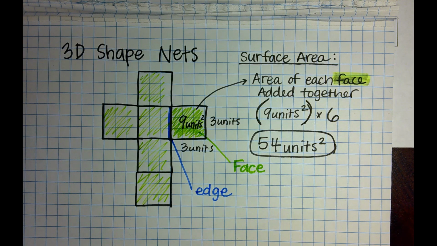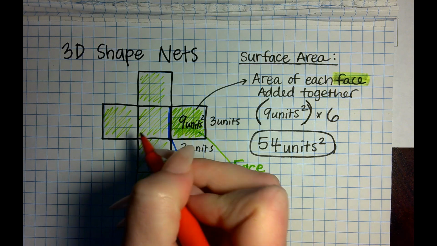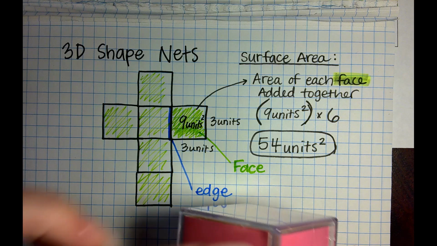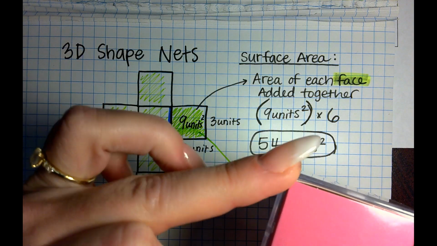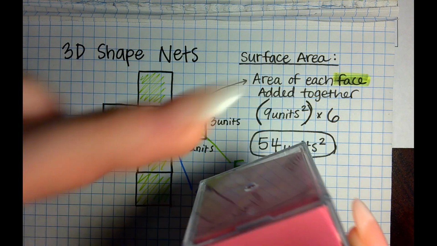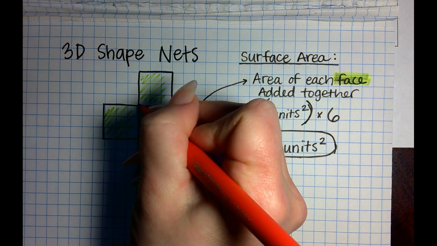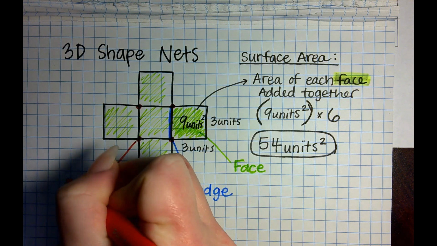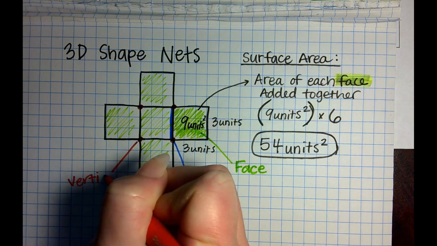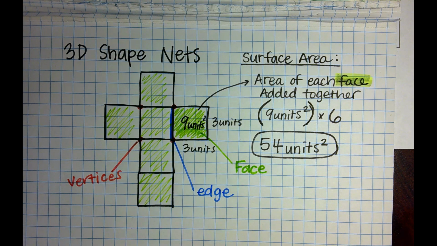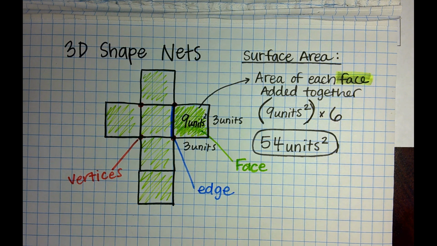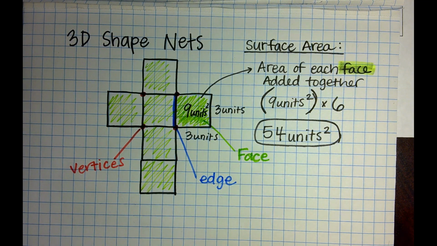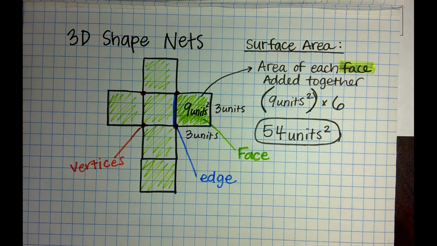And the vertices are the corners. So like any of the points on the shape, that's a vertice, that's a vertice, that's a vertice. So once you've made your 3D shape, my question to you will be, how many vertices are there? How many faces? How many edges?